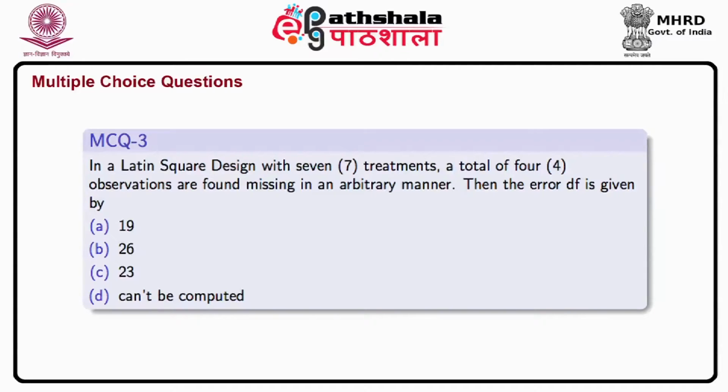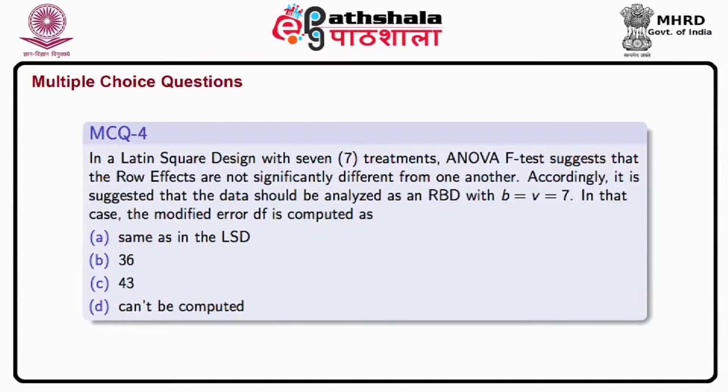Is that all, or you have something? No, okay. I have one more. The question is, in a Latin square design with 7 treatments, the ANOVA F test suggests that the row effects are not significantly different from one another. Accordingly, it is suggested that the data should be analyzed as an RBD with B equal to 7 and V equal to 7.